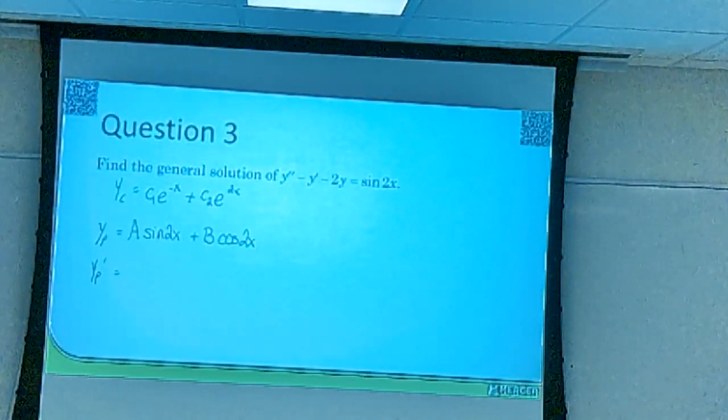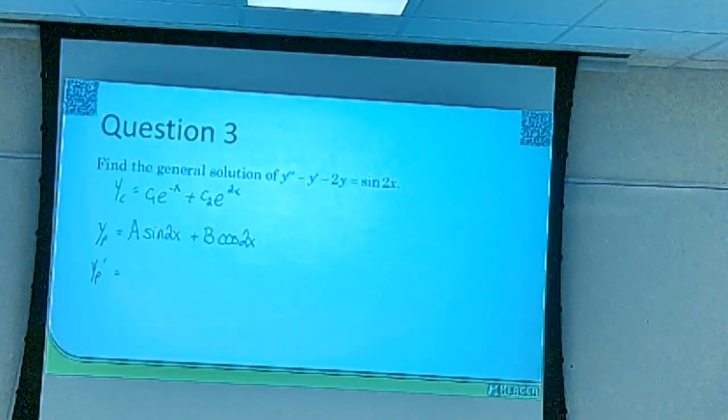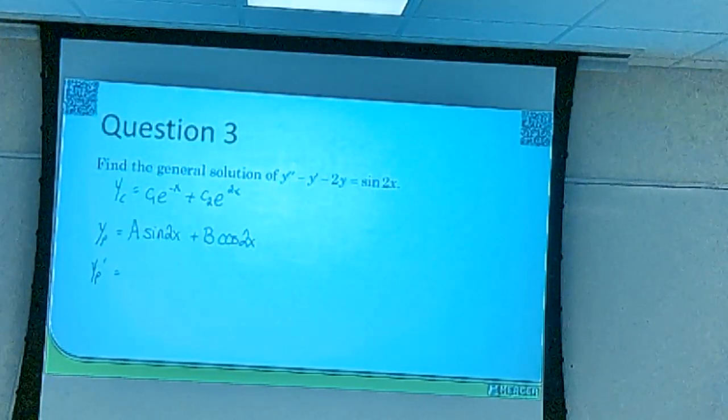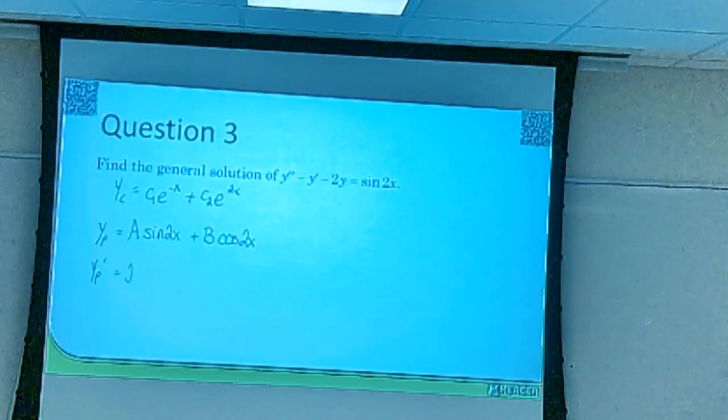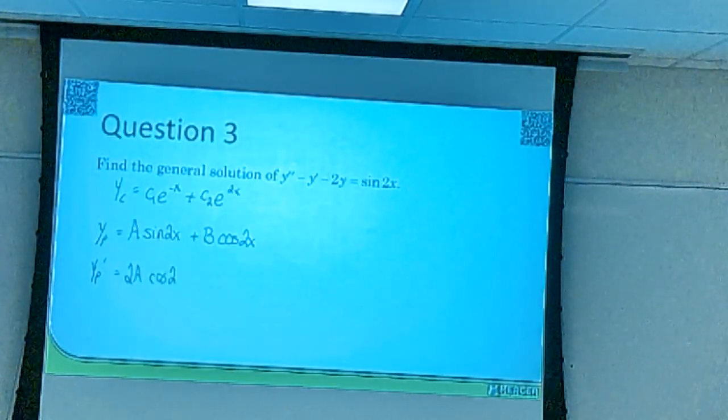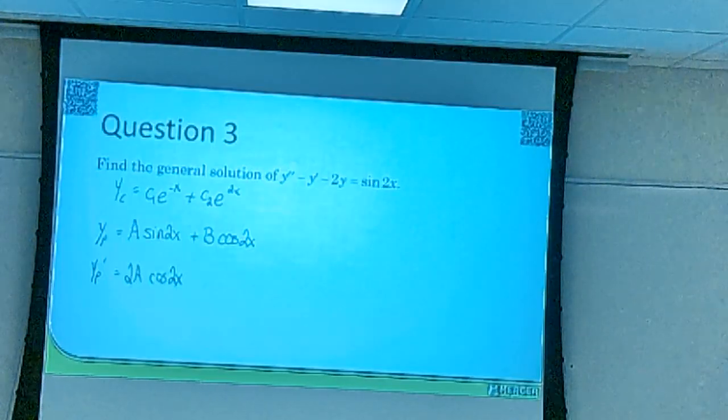Remember, for derivative, cosine is negative. For antiderivative, sine is negative. Keep going. Minus 2b sine of 2x.